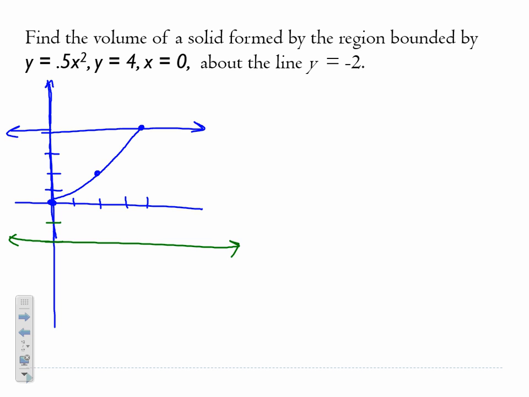It'd be between 2 and 3. Let's use algebra to find it. When does 1/2 x squared equal 4? When x squared is 8. So this is radical 8.